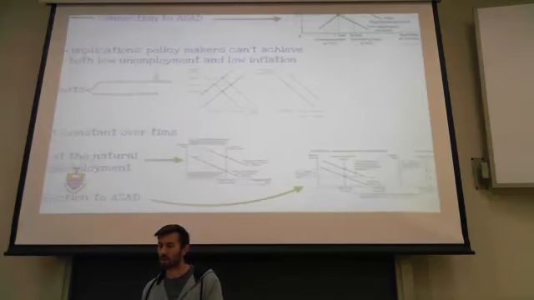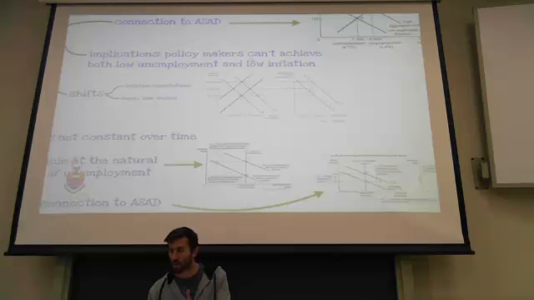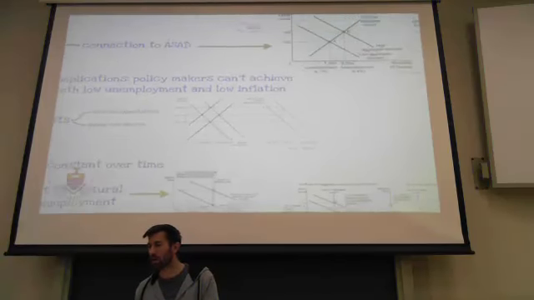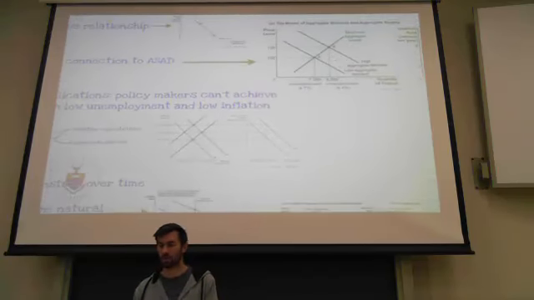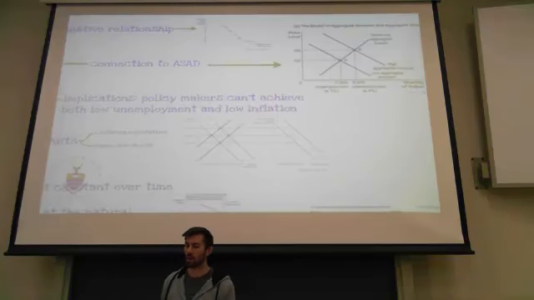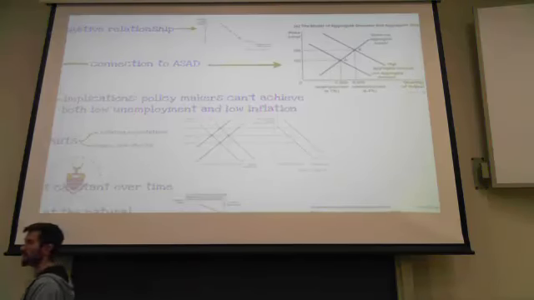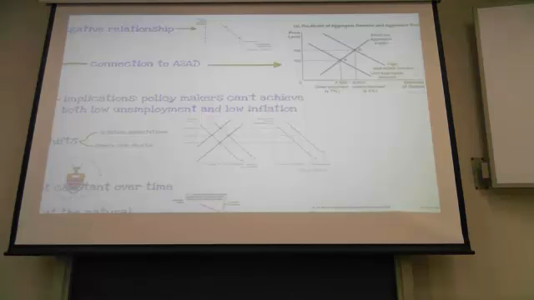It's interesting, I suppose. What it's telling us, we already knew when we were looking at our aggregate demand curve model, which is that policymakers can't achieve both low unemployment and low inflation.